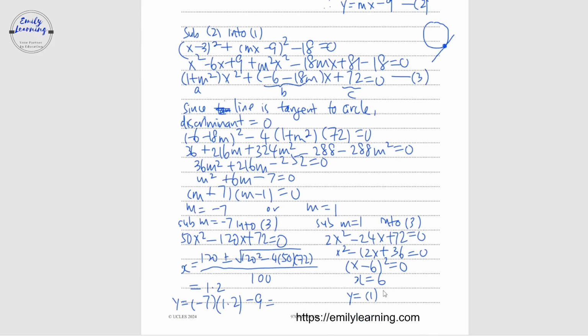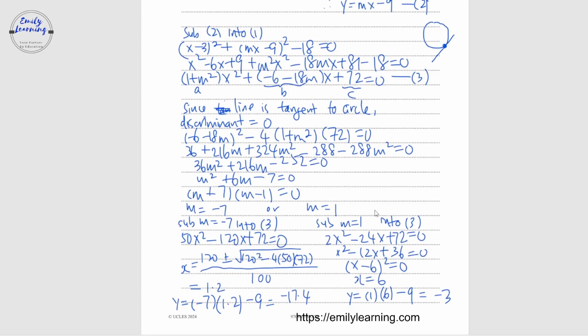While for this, you have y equals m, which is 1, times x minus 9, which is negative 3 here. Negative 17.4.